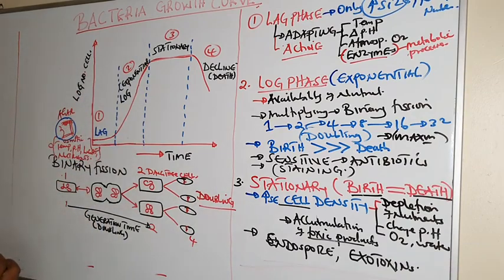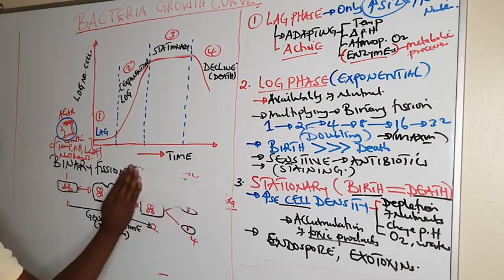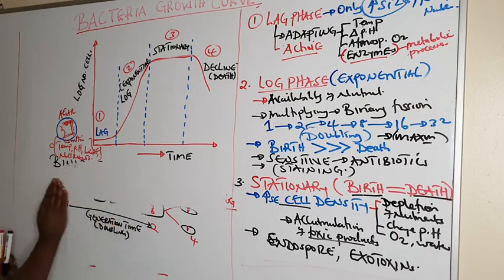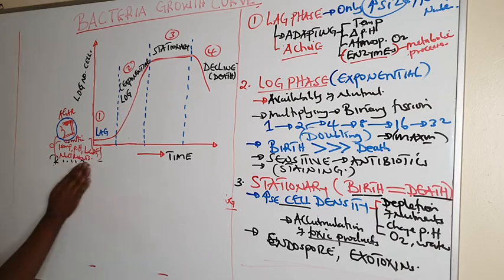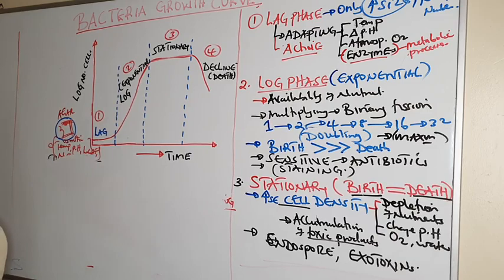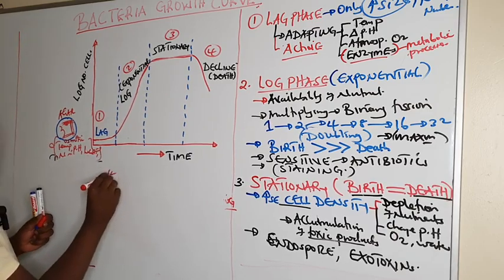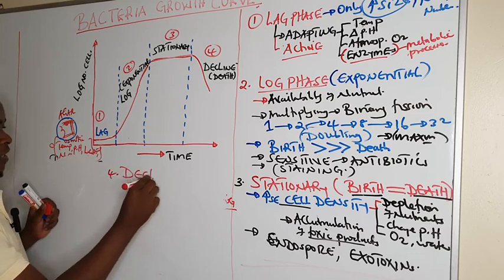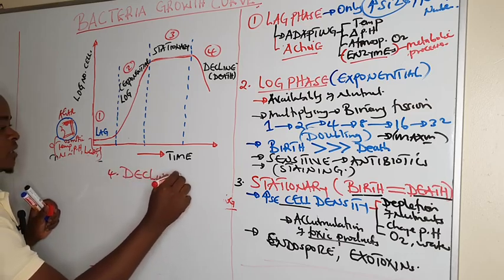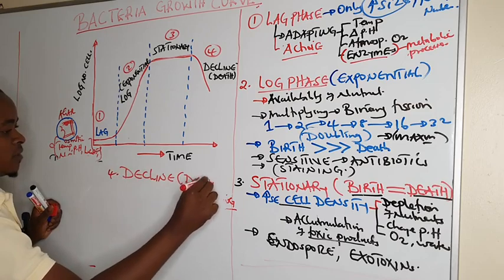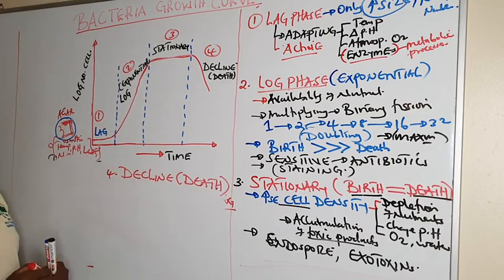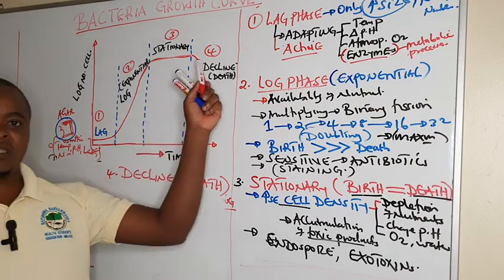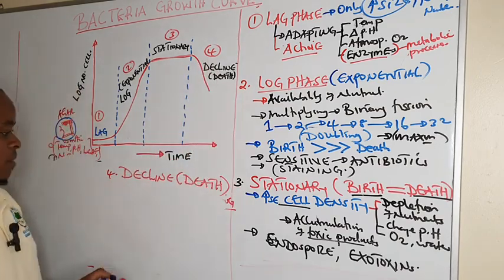So finally is the last phase. And this last phase, we are calling it decline phase, which is phase number 4, and decline phase, we are also calling it death phase. So here the bacterial cells start to decrease in number.